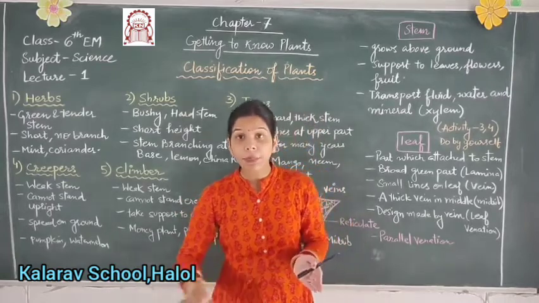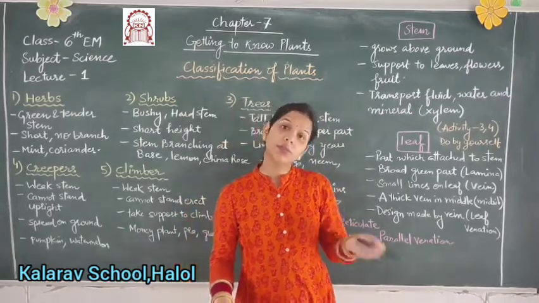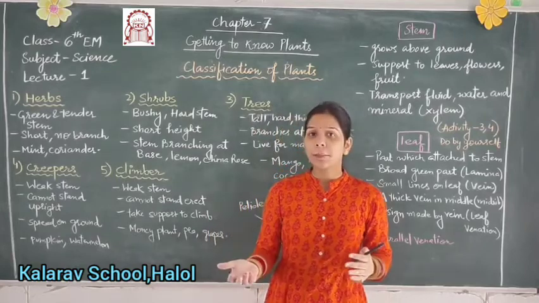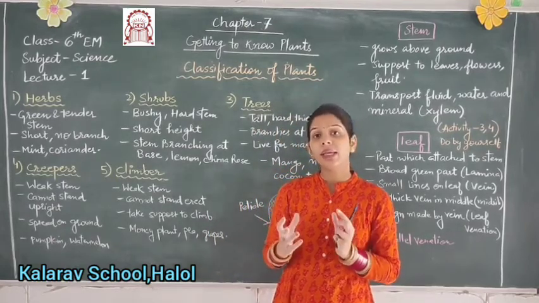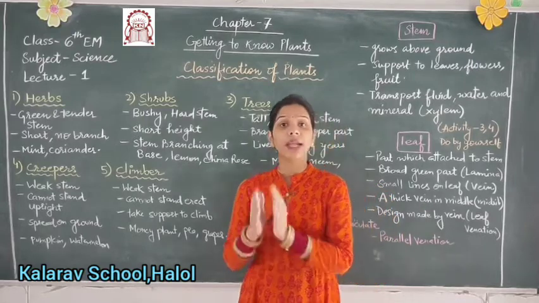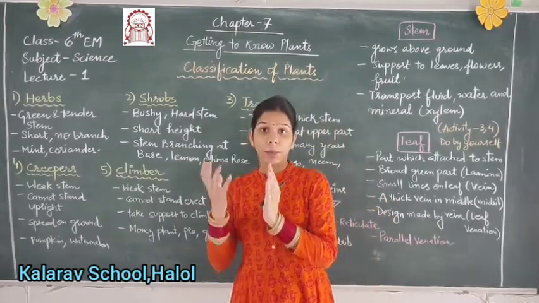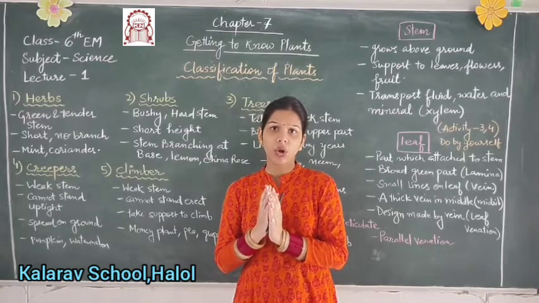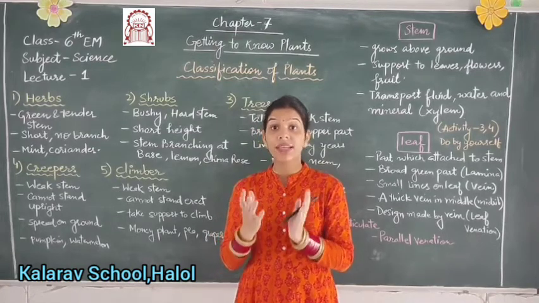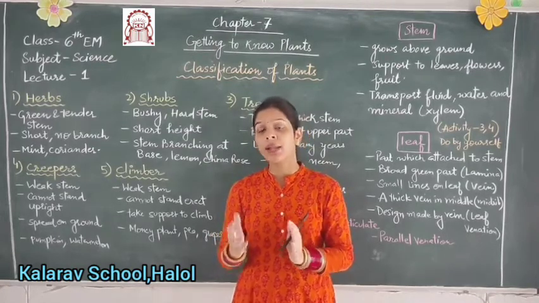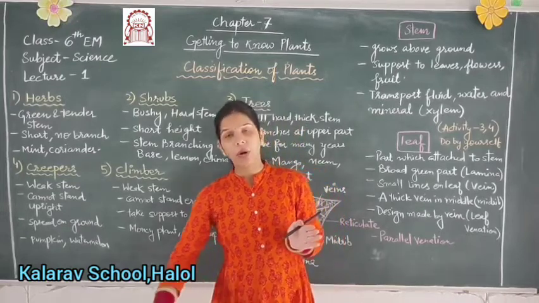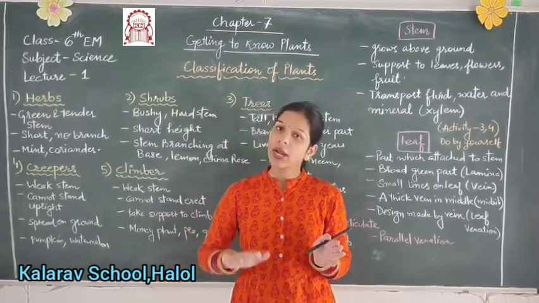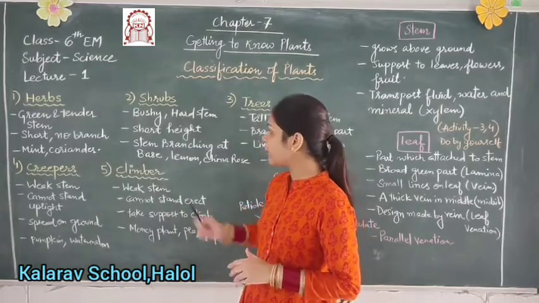For example, pumpkin, watermelon and melon are a few examples in which the stems are very weak. They are not able to stand upright or bear fruits or flowers along with them. Due to the heavy size of pumpkin and watermelon, the stems lie or grow at the bottom, at the ground.